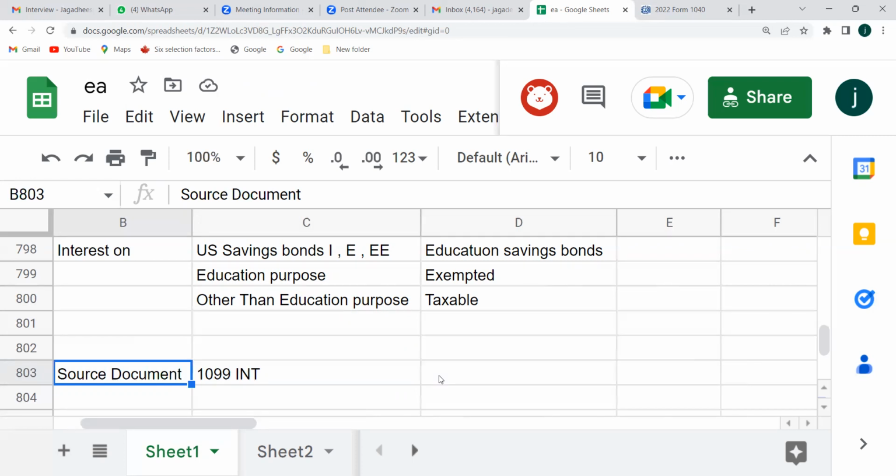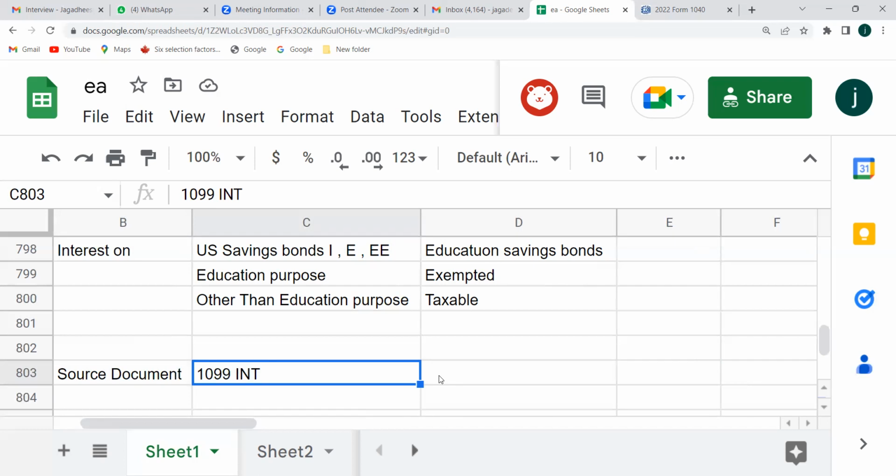If you are getting any interest from any person, they give the source document, which for interest is 1099-INT. Clear? So in questions, if you find any 1099-INT, it means it is interest. Done?